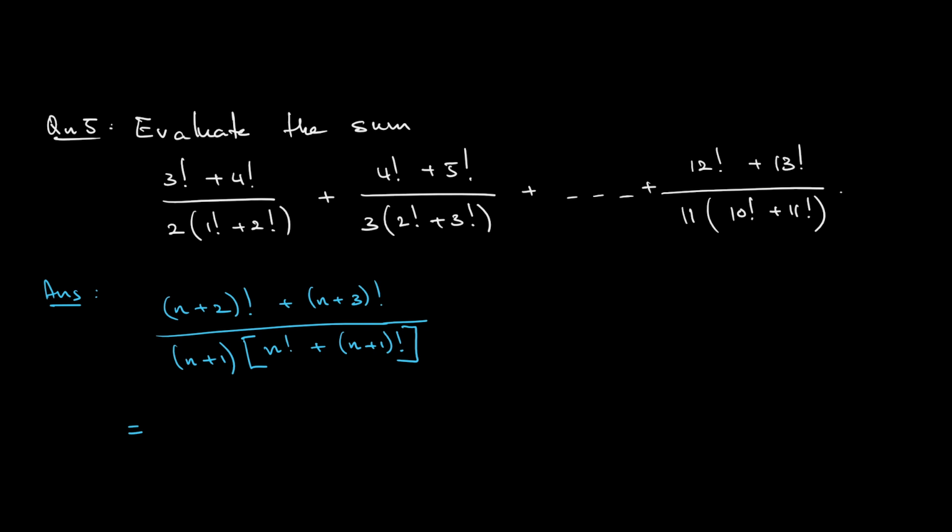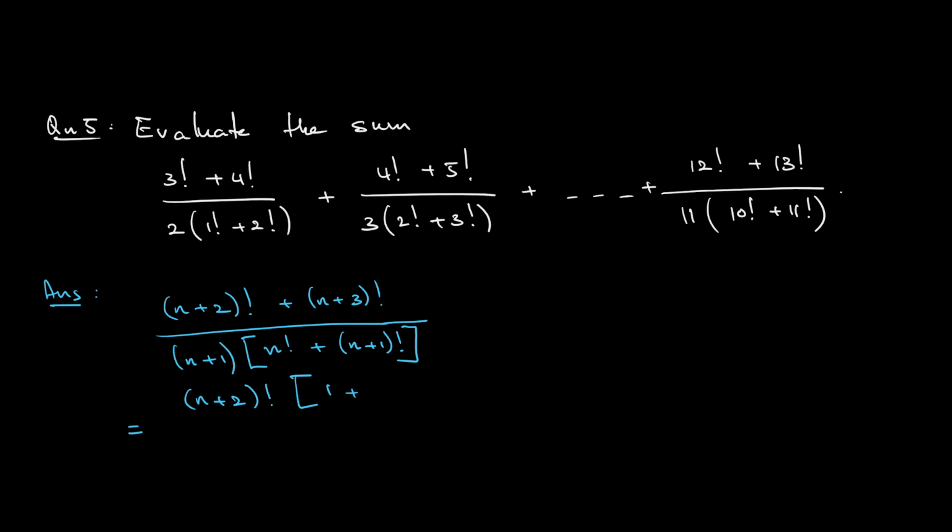Notice that in the numerator, I can take n plus 2 factorial as a factor. So the first term, we will just leave it 1. The second term, n plus 3 factorial, means 1 times 2 times 3 all the way until n plus 3.